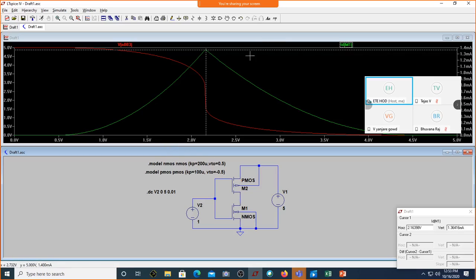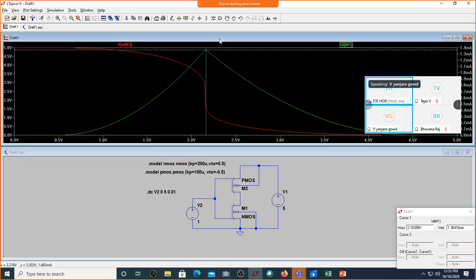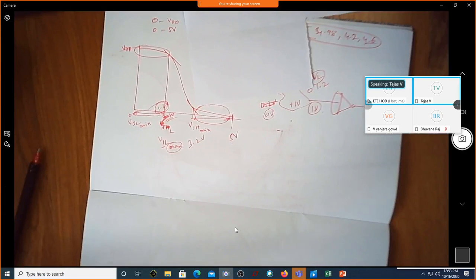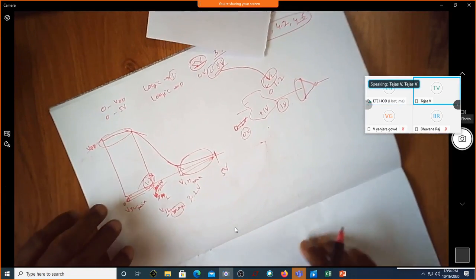Why is this actually shifted from 2.5 to this value? Now what has actually happened? This is 1.2 volt, has it now reduced? Is your margin on the lower side, has it now reduced? Because of the reduction in the resistance that happened there in PMOS.